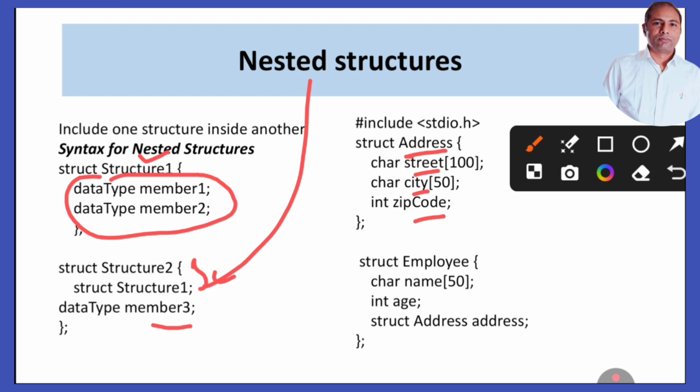Then we create the employee details, that is one structure for the employee. We want the name and age of the employee, and after the name and age, we want the address. In address there are some categories, that is city, street name and pin code. For that we want this address structure inside the employee structure. So this is the nesting of the structure.